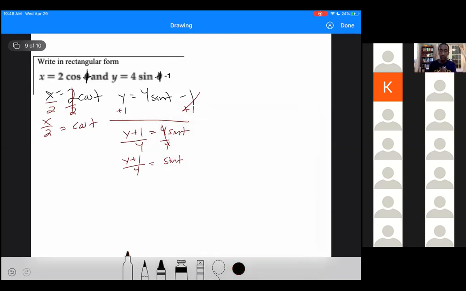Okay. And then when you have the cosine and the sine isolated, if you remember the trig identity, anybody remember the trig identity that we use to set this up? Anybody remember what trig identity we use to convert that to rectangular form?